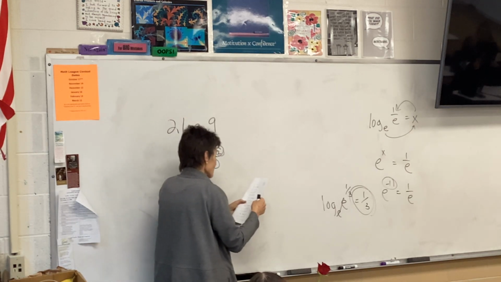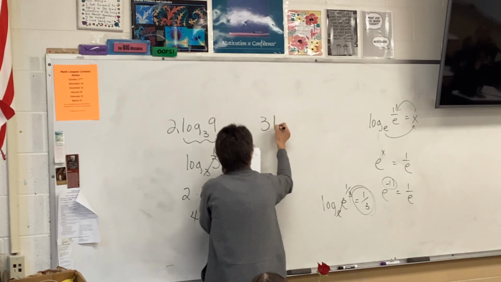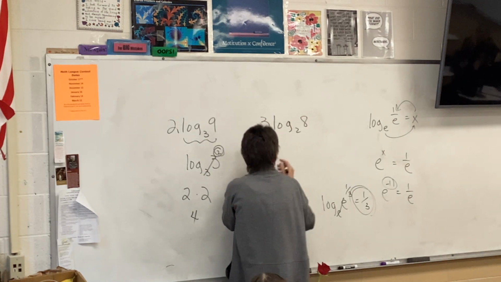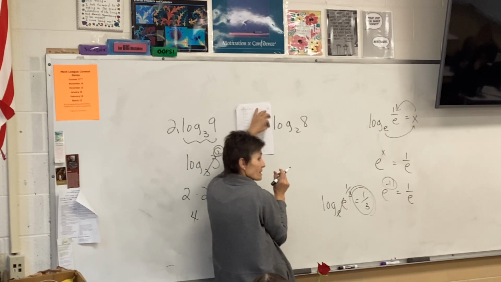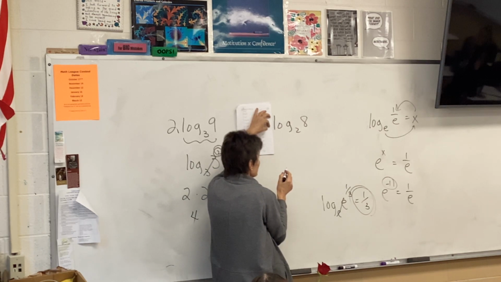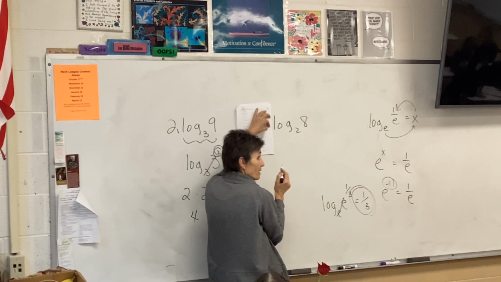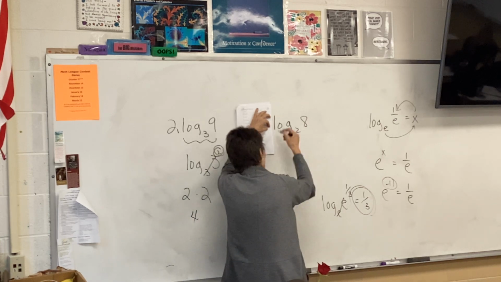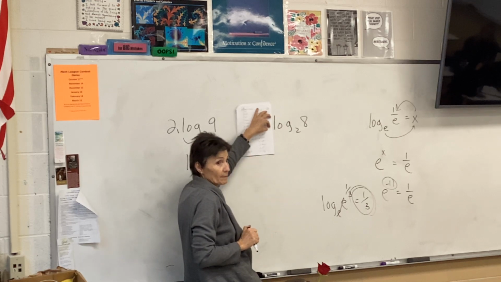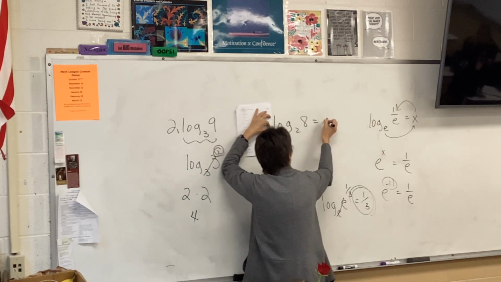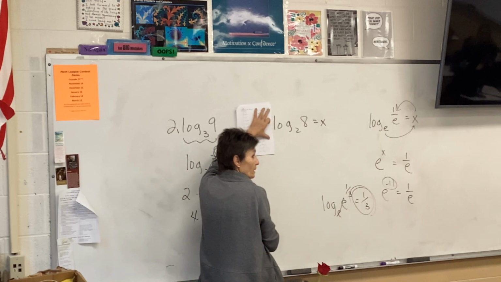All right, let's do the same thing with 21. Don't let the 3 out in front bother you. Just cover it up. Pretend it's not there. Okay, now, how do you want to do this one? Can you rewrite it, or you want to log rule it? Log rule it. Okay, so I'm going to log rule it.